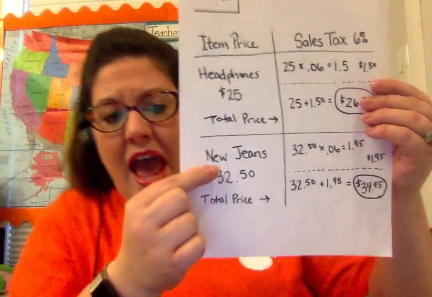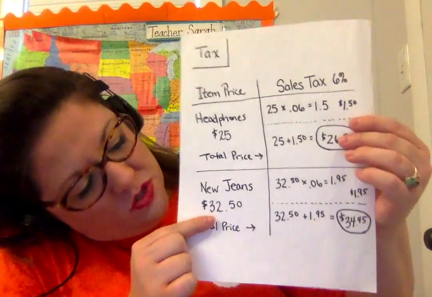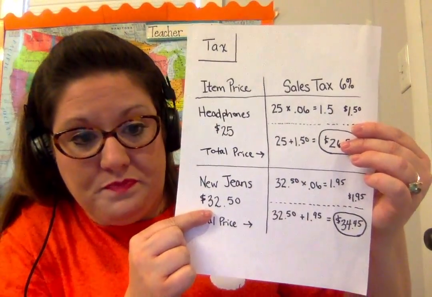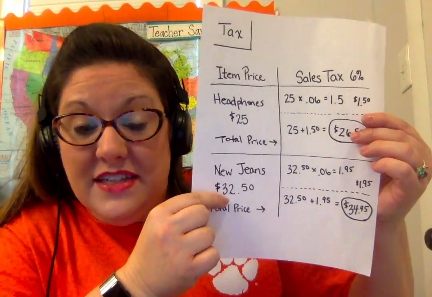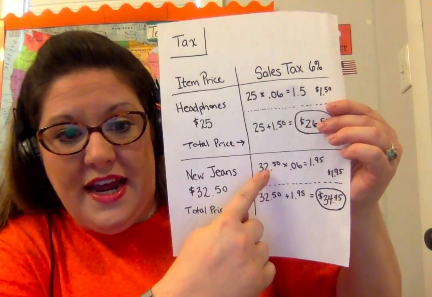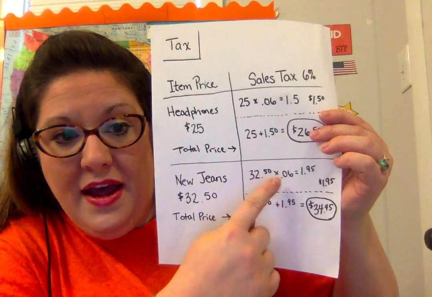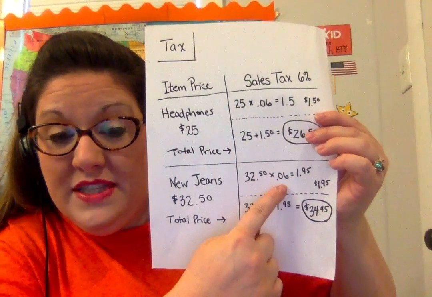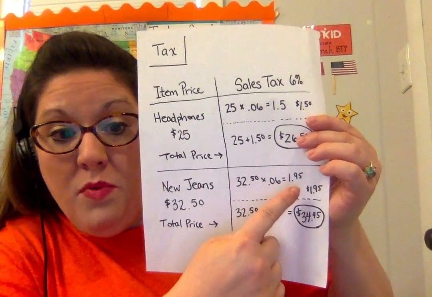Okay, let's look at the second example. Let's say that we have some new jeans that are regularly priced at $32.50. First let's calculate how much sales tax we will pay on our $32.50. So we take our 32.50 and we multiply by 0.06 because sales tax is 6%. I get 1.95.